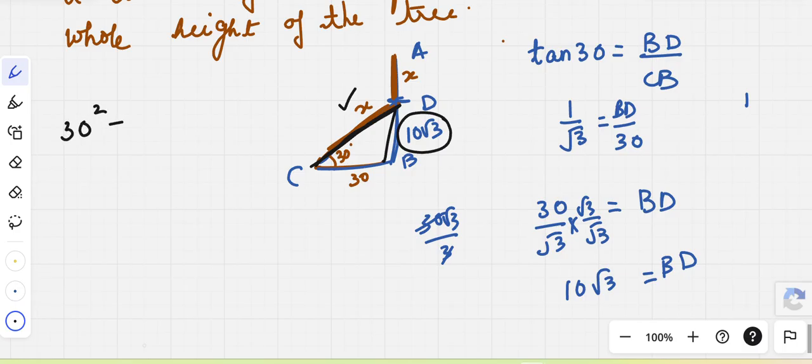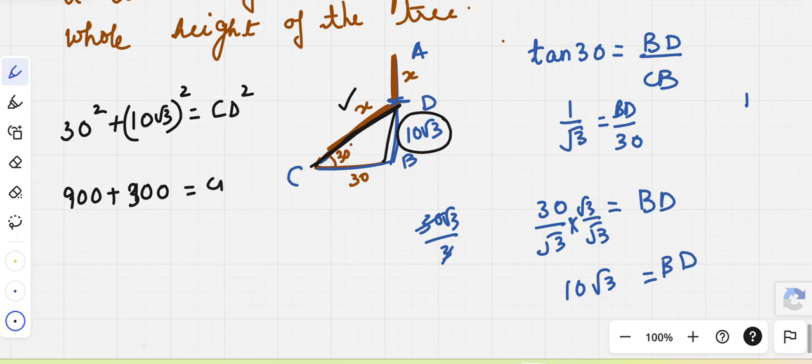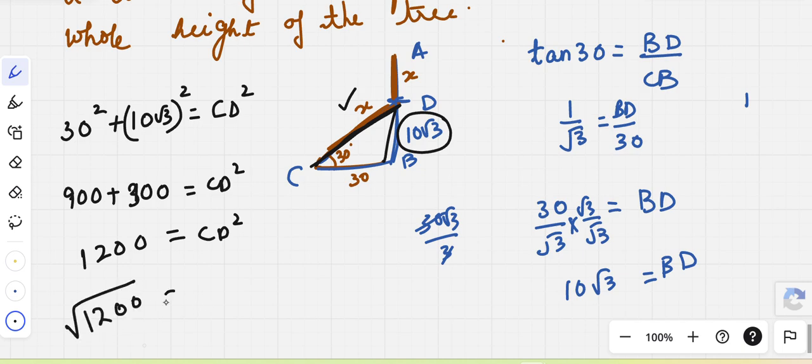So 30 square plus 10 root 3 whole square is equal to CD square. That is 900 plus 100 into 3, which is 300, equal to CD square. 1200 equal to CD square. CD is equal to 20 root 3. You can do it like this also.